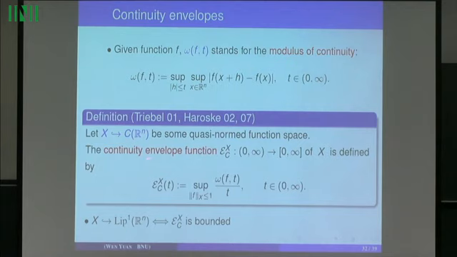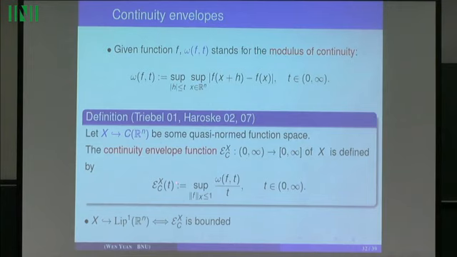If a function space X is embedded into continuous and bounded functions, then we can define the continuity envelope function in this way. We take a function f in this function space and consider its modulus of continuity over t. Then we take a supremum over the unit ball in this function space. This gives a function over t.